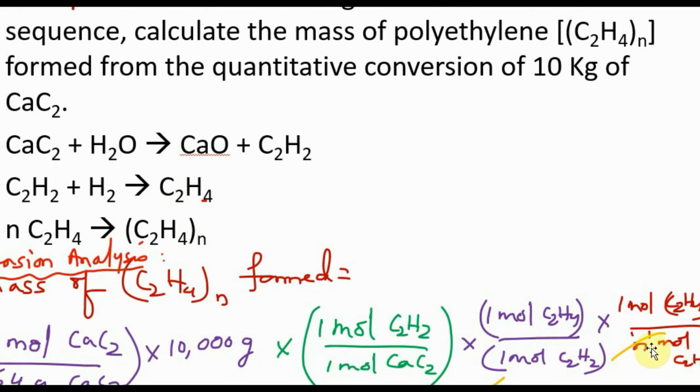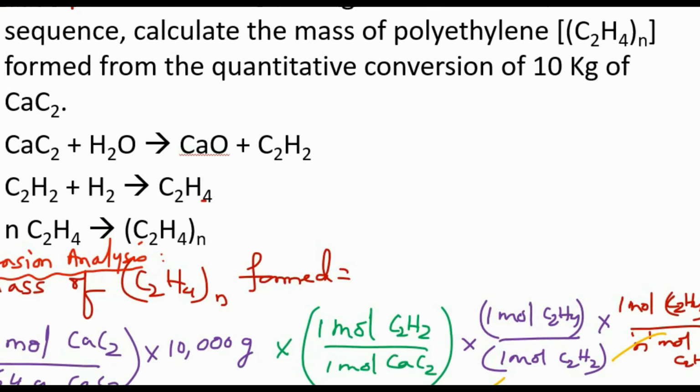So the n in the denominator in the previous ratio and the n in the molar mass get cancelled, and we get the final mass of the polymer sample that is produced, 4,375.